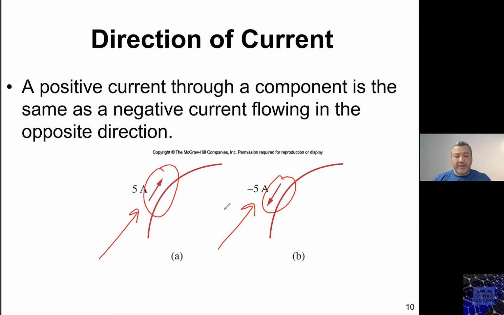So this is my reference. Remember, the current is going to go either in this direction or in the opposite direction. Based on which direction your current is positive, if you are to describe it in the opposite direction, then you have to say it's negative. Any questions so far?